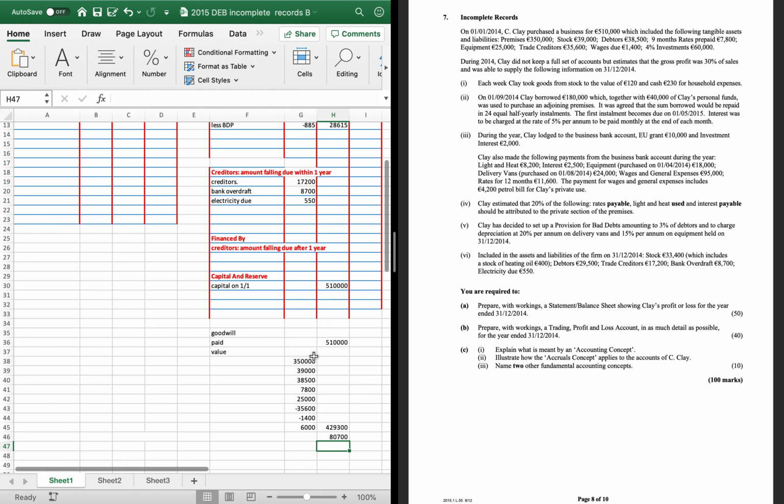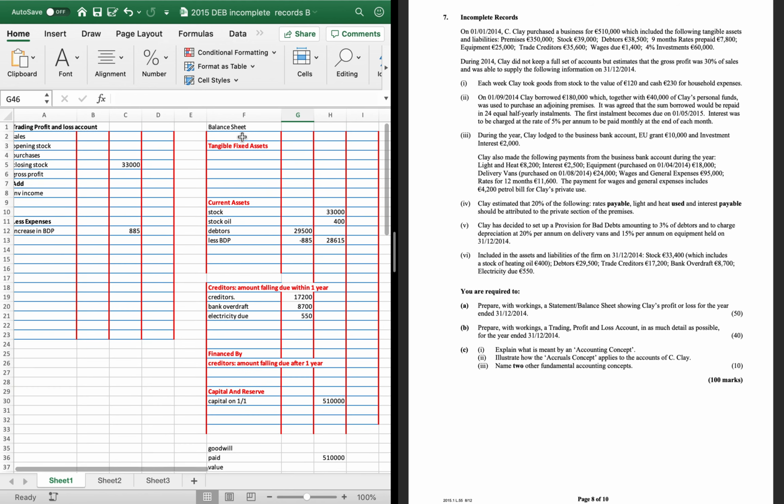So 350, 39, 38.5, 78, 25,000, minus 35.6, minus 1,400, and the investments were 60,000. So that's more like it. So the goodwill is 26,700. Okay, into its normal spot up there as an intangible fixed asset.